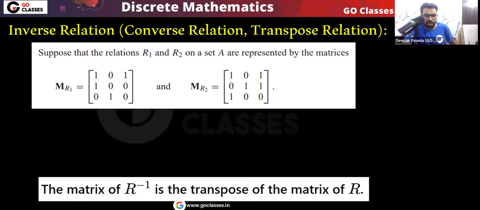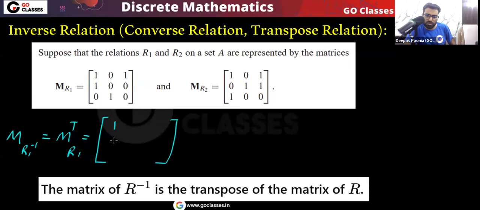For two relations R1 and R2, the matrix representations are given. This is the matrix representation of R1, and this is the matrix representation of R2. We need to find the matrix representation of R1 inverse and of R2 inverse. The matrix representation of R1 inverse will be the transpose of the matrix representation of R1. So the first row becomes the first column, the second row becomes the second column, and the third row becomes the third column.